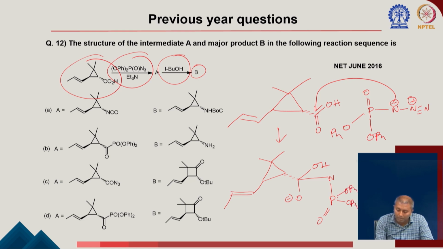So, you can think about this, there is an N2 here. This O minus can attack the phosphorus, this can come back, and this can cleave this bond. I am not writing the entire thing.